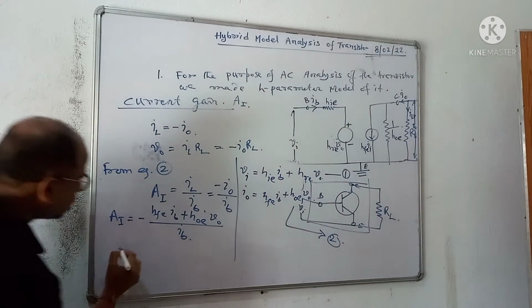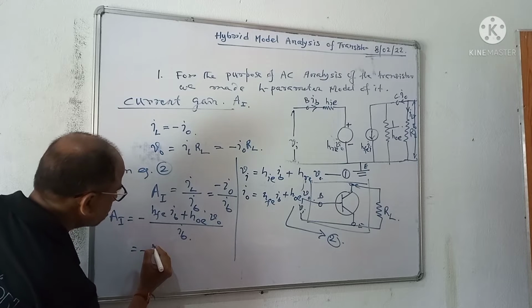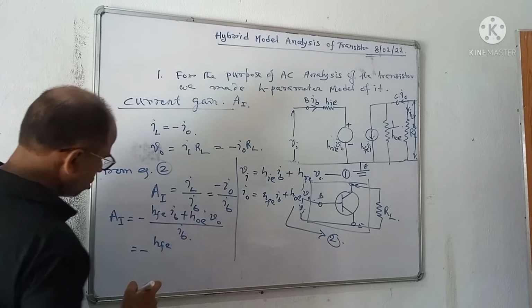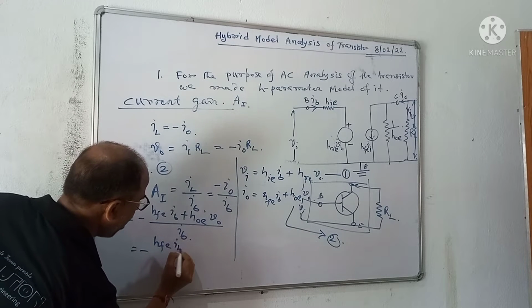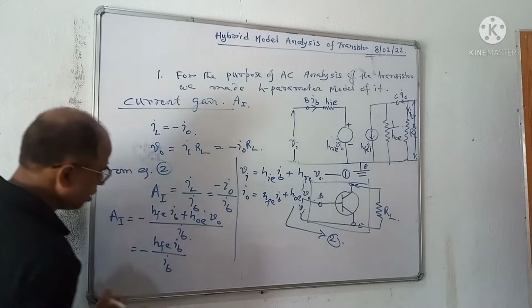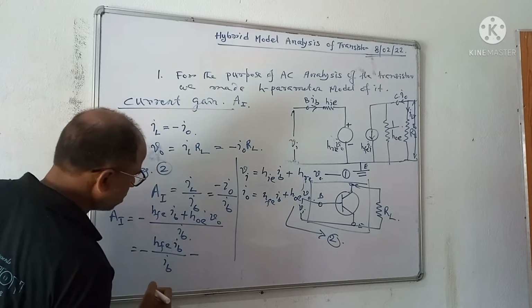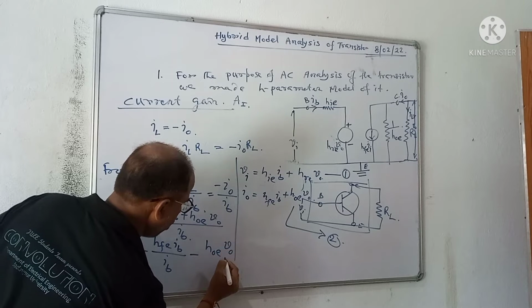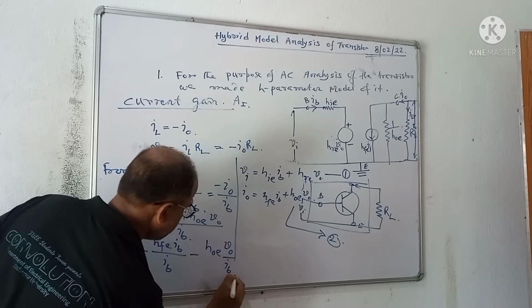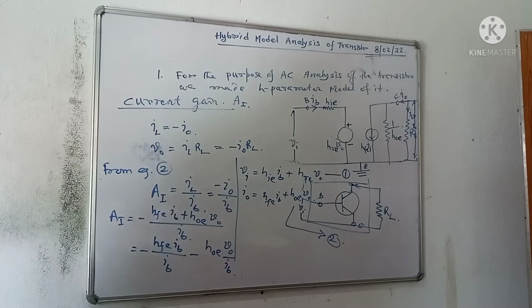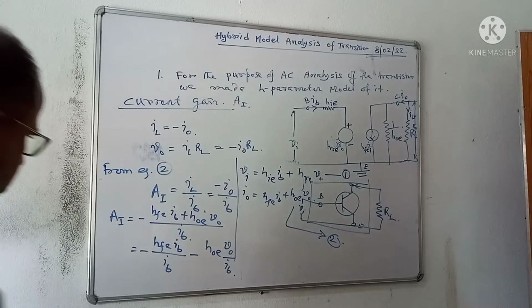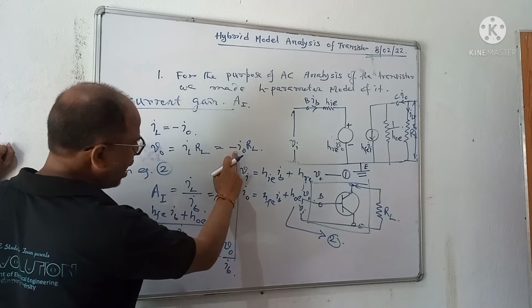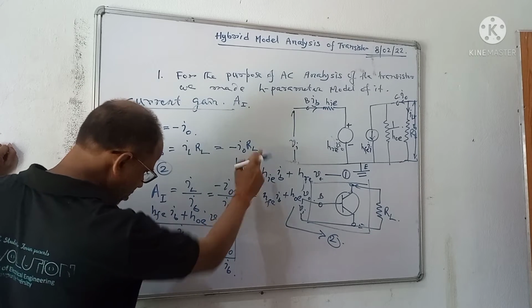This is equal to minus HFE into IB by IB minus HOE into V0 by IB. Next, V0 is equal to minus I0 into RL.